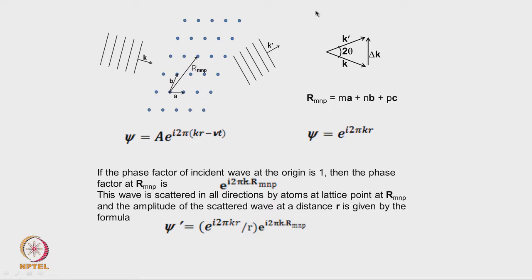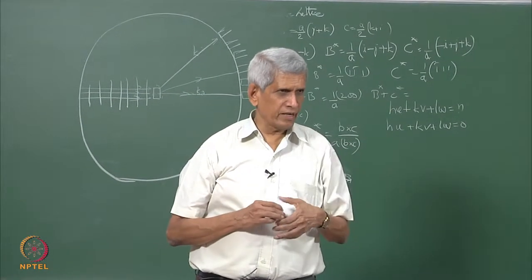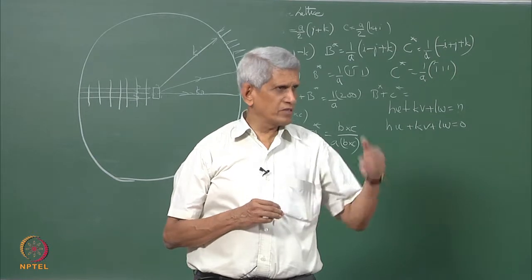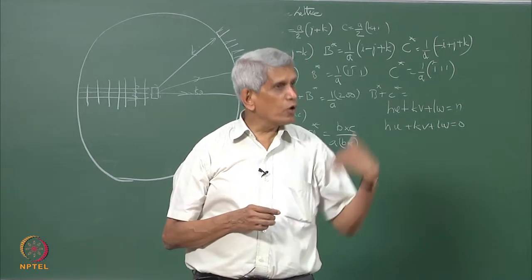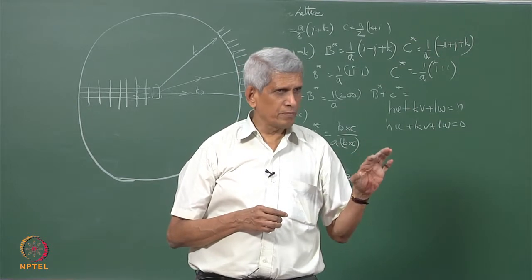If we consider the beam to be a coherent beam, all the amplitudes will add together, right. The wave functions will add together. If it is an incoherent one, only the intensities will add, not the amplitudes.